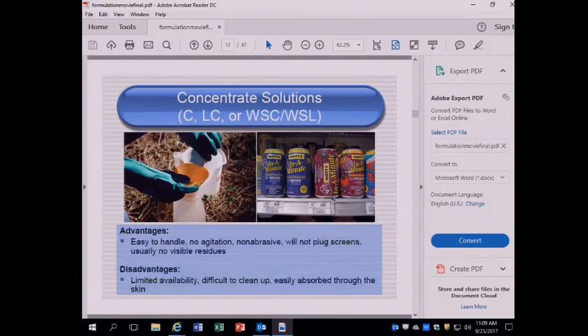Advantages of those: they're easy to handle, require no agitation because they go in solution. What we mean by agitation is that we have to have some sort of mechanism to keep the spray tank stirred, for lack of a better way of talking about it. The spray machines that we used to use at home had a big shaft through the middle of the tank that had a series of paddles on it, and when the engine was running, it would turn those paddles and keep it agitated or stirred up.